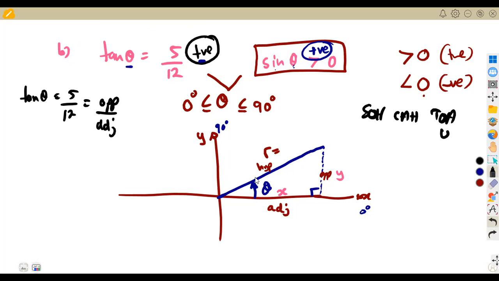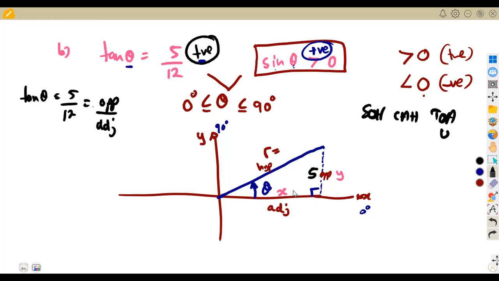So you can fill in according to this theta here, as we named on our triangle. According to theta, our adjacent in this case is 12, and the opposite is 5. So this is going to be 5, and the adjacent is given as 12, and this is our adjacent on our diagram.